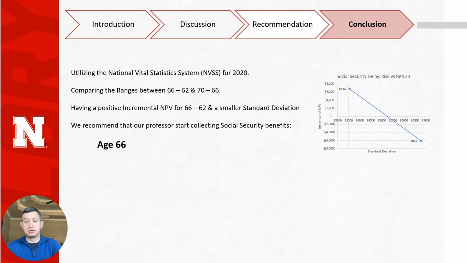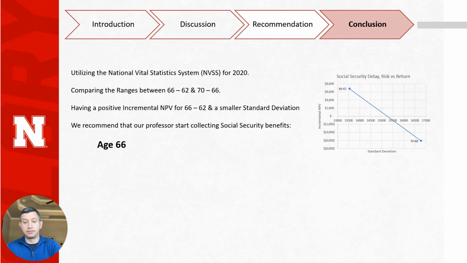With this data, and using the PIA for our professor, we were able to look at the incremental NPV for each benefit starting age, and then could calculate out the expected NPV based on the probability of dying at each age between 62 and 100. We were also able to calculate the standard deviation for both age ranges, those being 66 to 62 and 70 to 66.